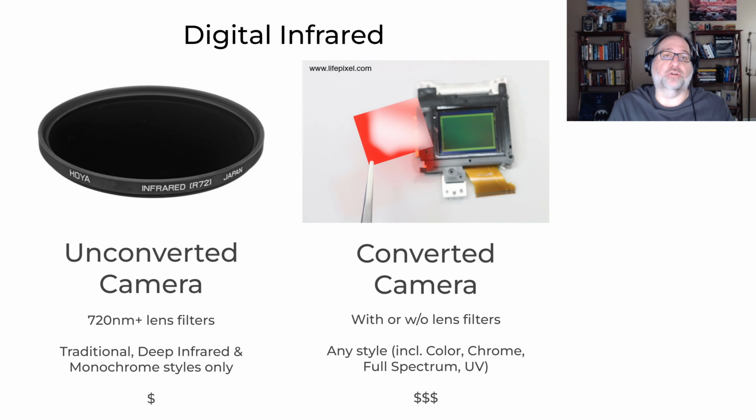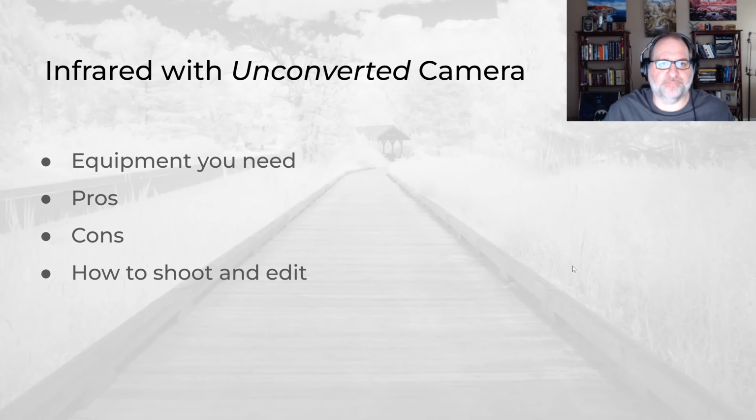For example, I could convert a camera directly to a 590 nanometer filter internally, and then just shoot without filters, which I've done. Or I could convert a camera to full spectrum and then add an external 590 nanometer filter. So either of those options are available. The downside is that this is going to cost more. You'll have to pay for a conversion, and then you may have to pay for additional external filters as well.